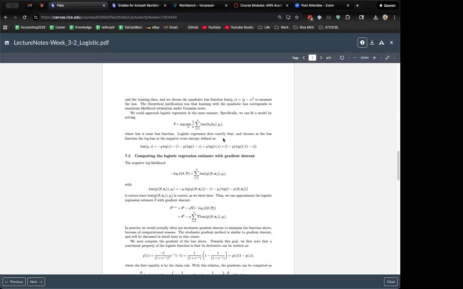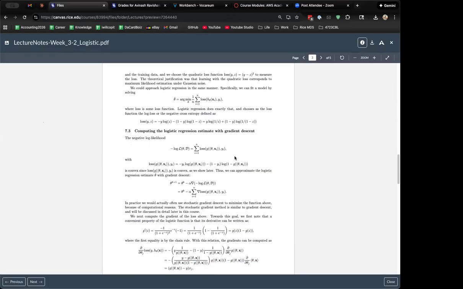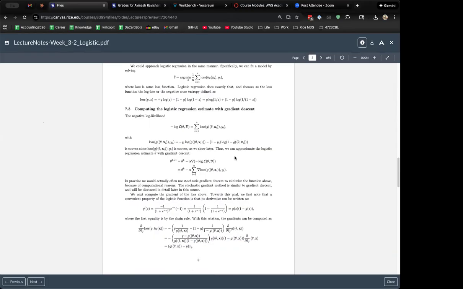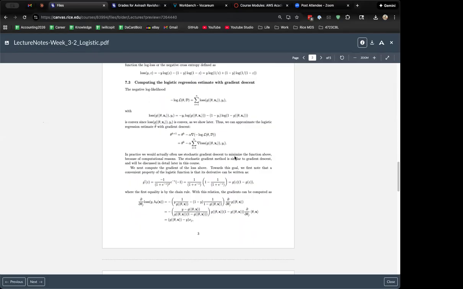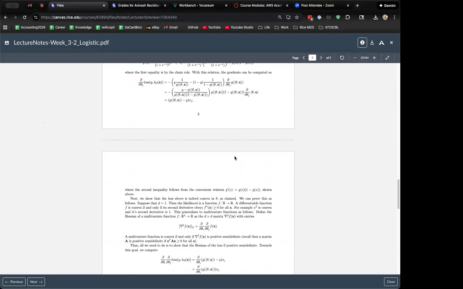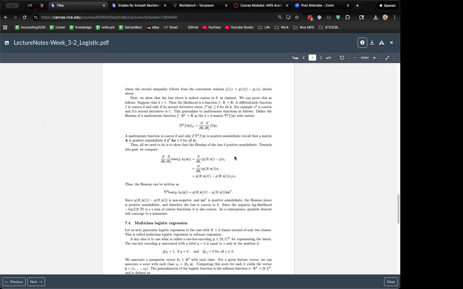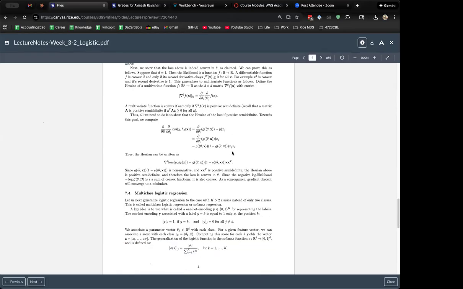It talks about entropy a little bit, which is good, and discusses that a bit. And then it's saying we do gradient descent, so you derive a formula for gradient descent, which is nice. Let's scroll down. Then we prove the convexity by using the Hessian. That is also good.